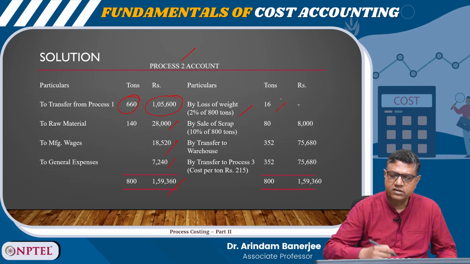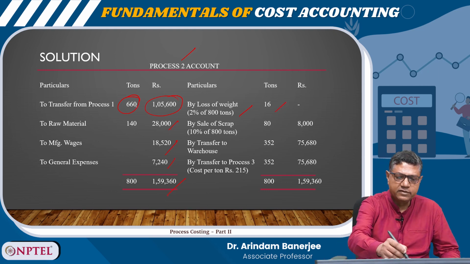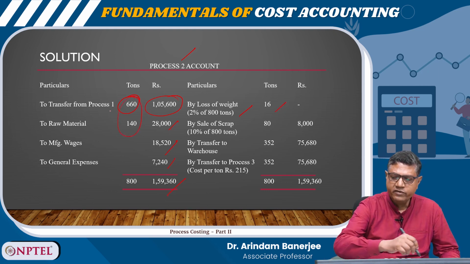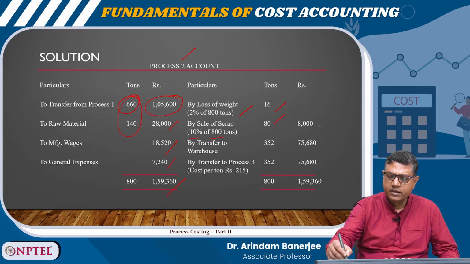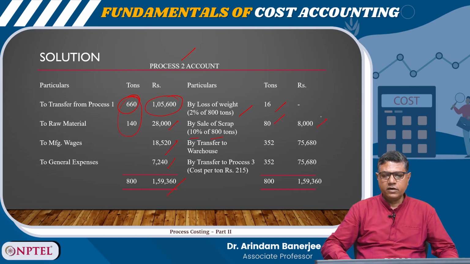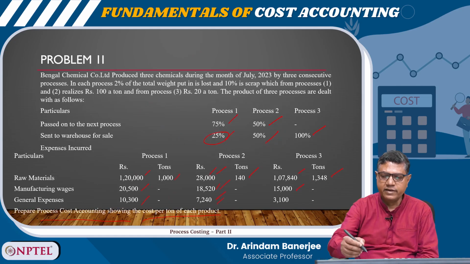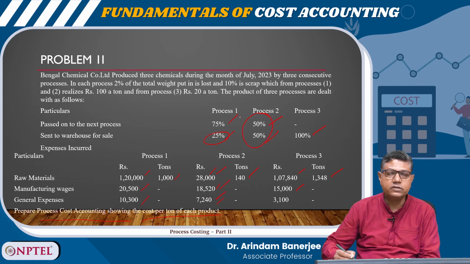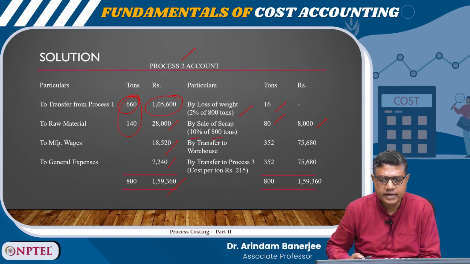So 16 tons lost, and 10% of 800 tons, right? 660 plus 140, if you add these two, you will get 800. Out of 800, 10% is sold as scrap, so 80 tons. The value is 8,000. Transferred to warehouse again: in process 2, 50% is transferred to the warehouse for sale and 50% moves to the next process.